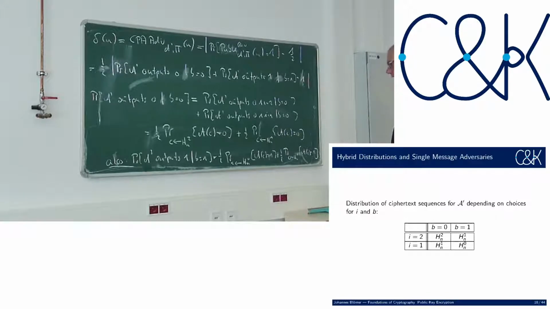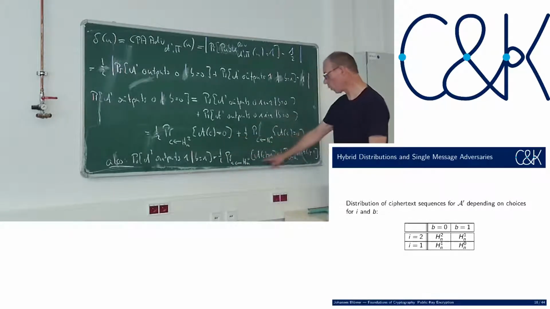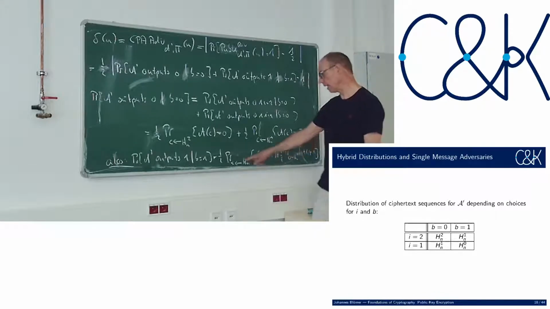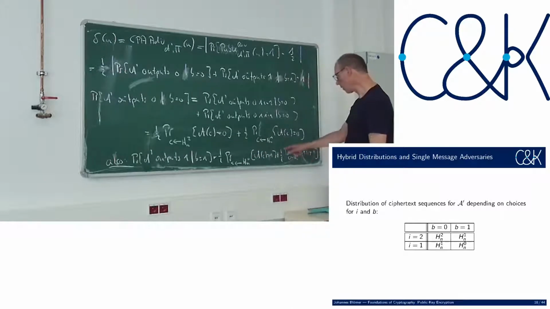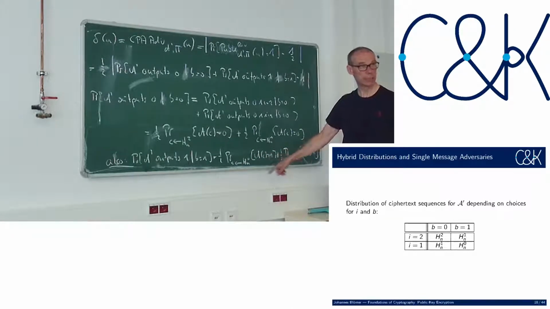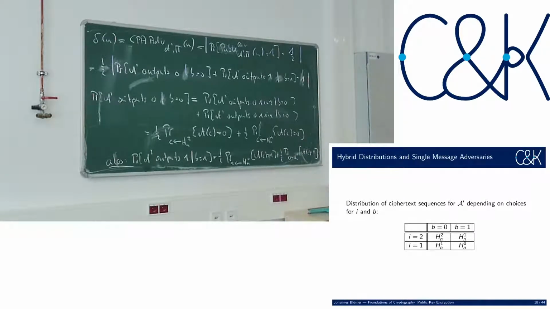So the nice thing now is H and 2, H and 0 appear once here. And H and 1 appears here and here in both things. And you can see that here is C according to H and 1, A of C outputs 0, and C according to H and 1, A of C outputs 1.